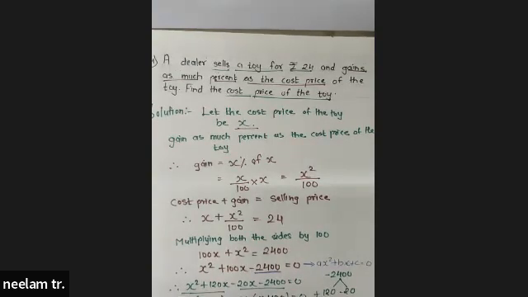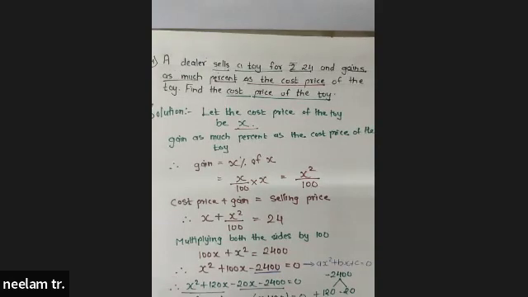One is x plus 120 is equal to 0. Another one is x minus 20 is equal to 0. So what are your two roots? Two roots of the quadratic equation: first is x plus 120 is equal to 0, or x minus 20 is equal to 0.